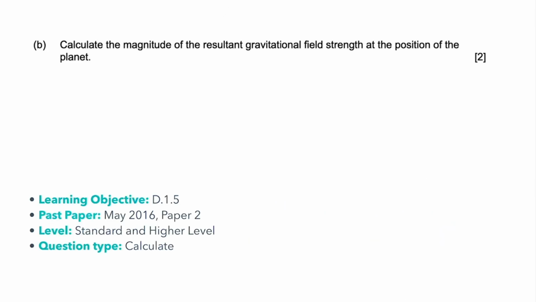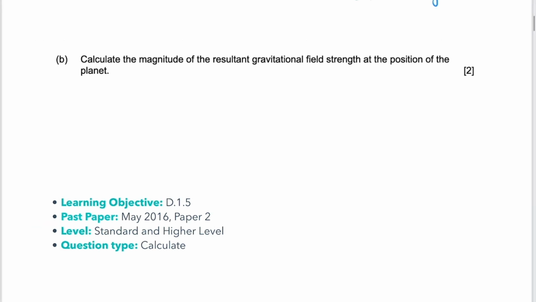B. Calculate the magnitude of the resultant gravitational field strength at the position of the planet. Let me just remind you what's happening to that planet. Here's the planet here. It has a gravitational field strength from star 1, and it has gravitational field strength from star 2. Gravitational field strength is a vector.